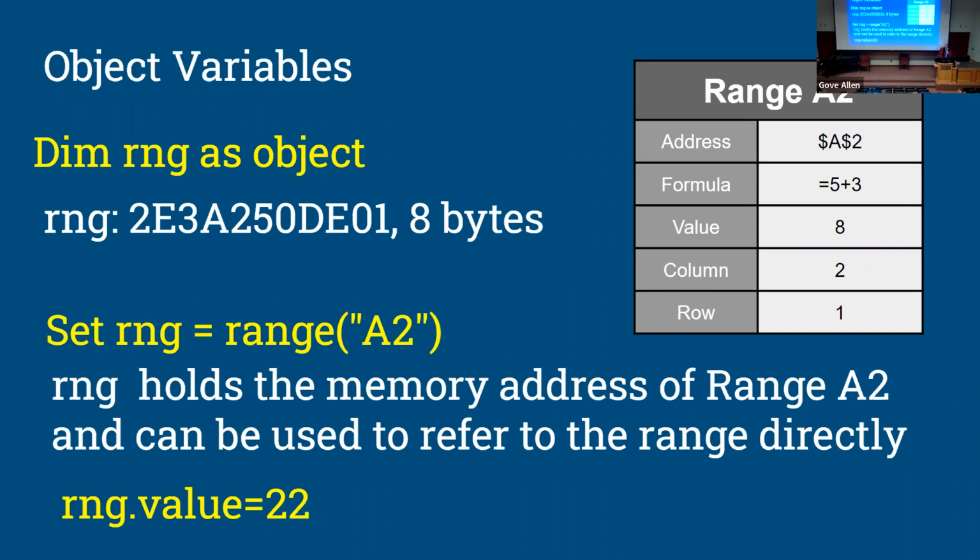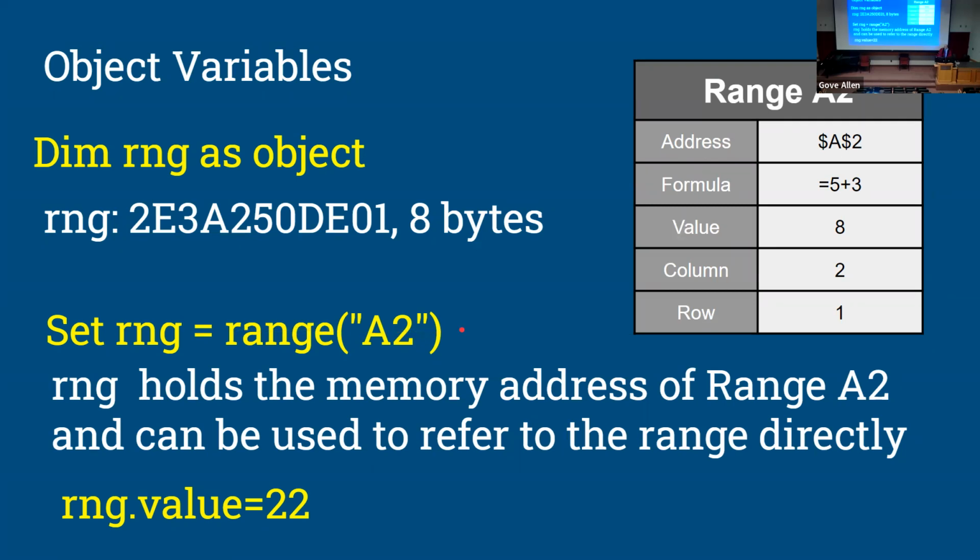When we declare a variable of type object, like here, dim RNG as object, then we're getting some location in memory, and again, keeping track of how many bytes are allocated. Now, this is the main use that we have for object variables in VBA: I'm going to say, listen, I want to attach that variable that I just created onto an existing other object.